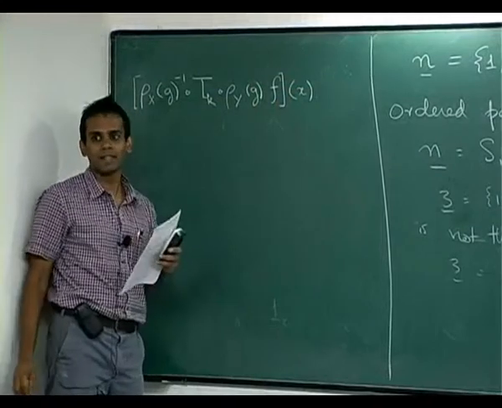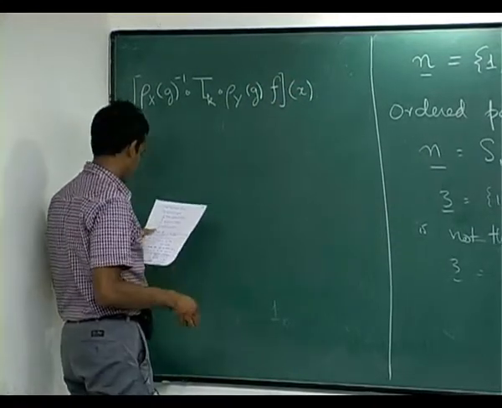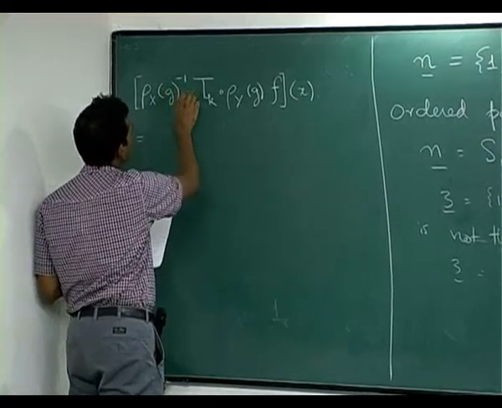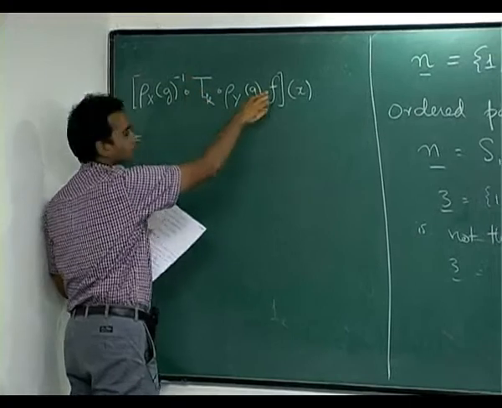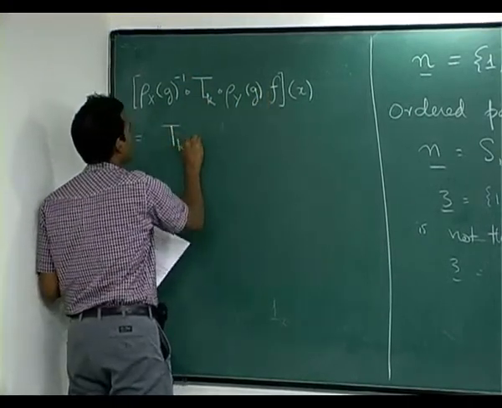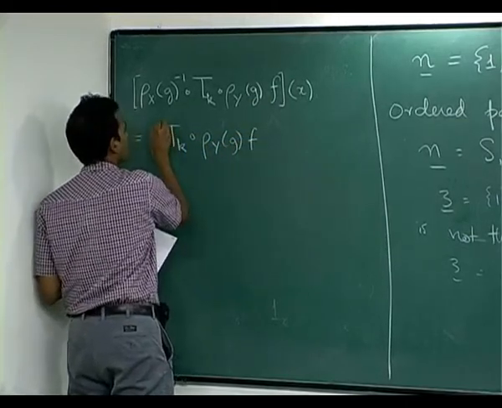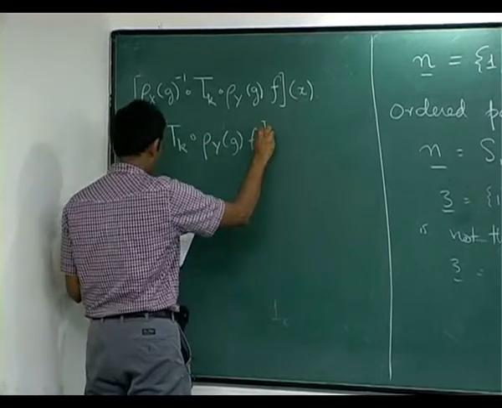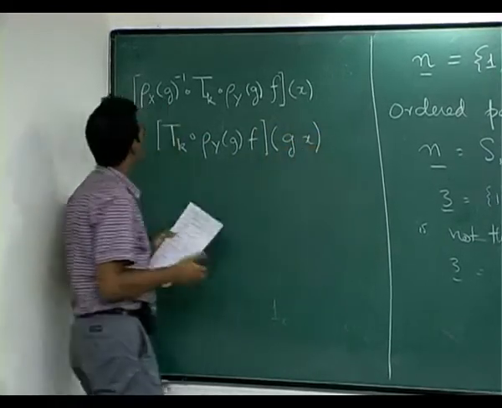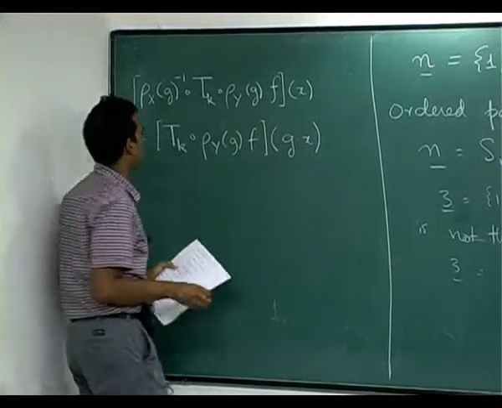So the question is, what is that function? So this is rho_X(g inverse) applied to this part. So that is t_k circle rho_Y(g) f, and this needs to be evaluated at g dot x. Remember, here the g has an inverse, so g inverse becomes g dot x.